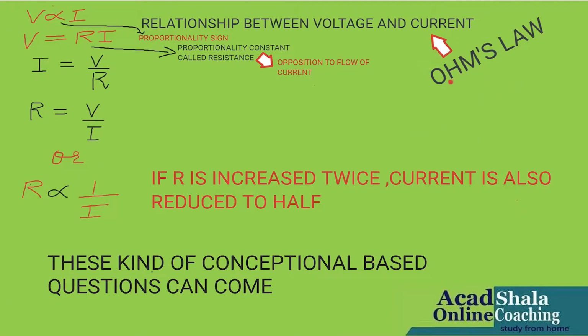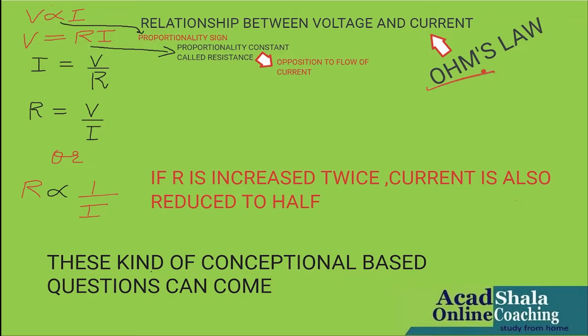Okay. Now we are going to do Ohm's law. Ohm's law is nothing but a relationship between voltage and current. Now we know that V is directly proportional to I. To remove this proportionality sign, we will introduce a constant which is known as R, that is resistance.